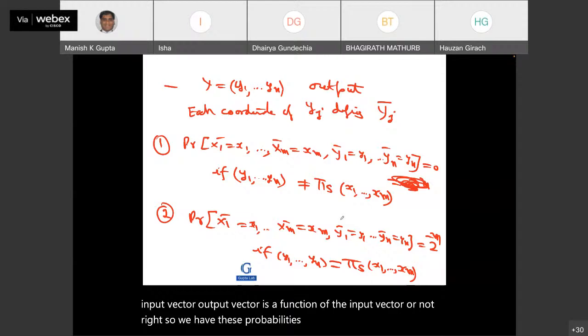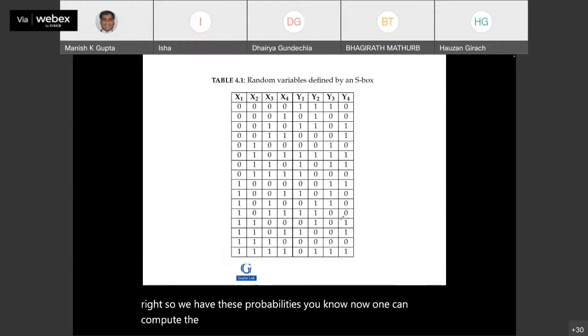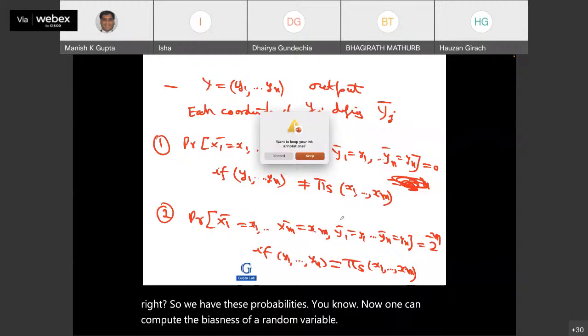Now one can compute the bias of a random variable. So I think I would need more space here.